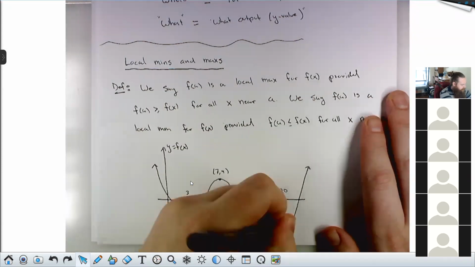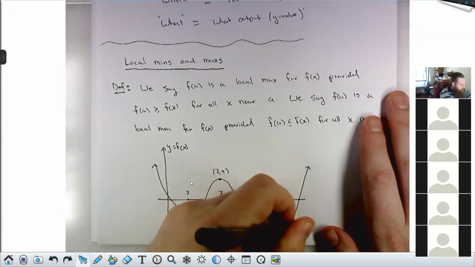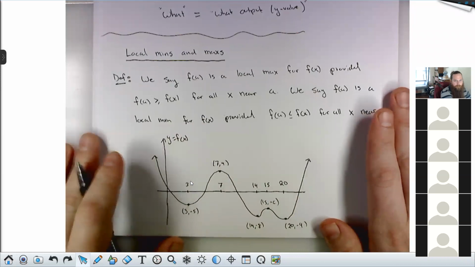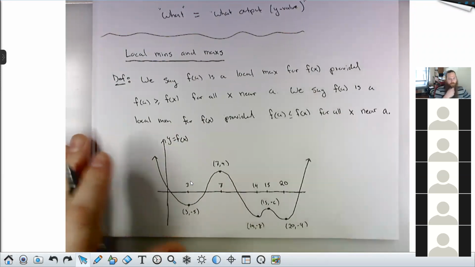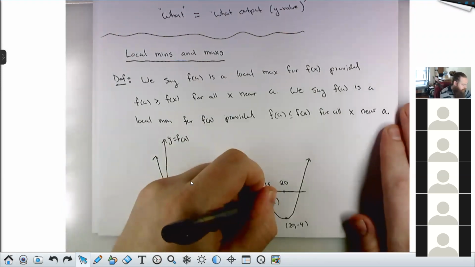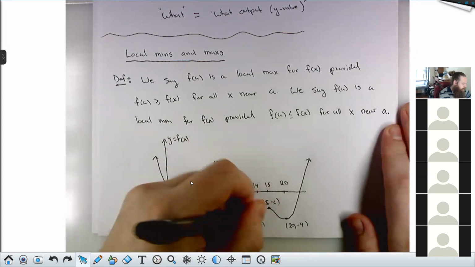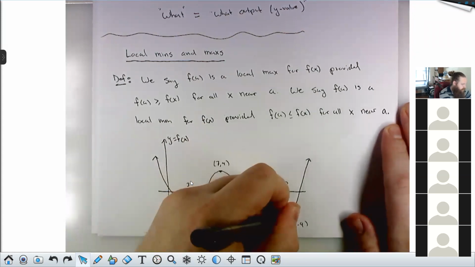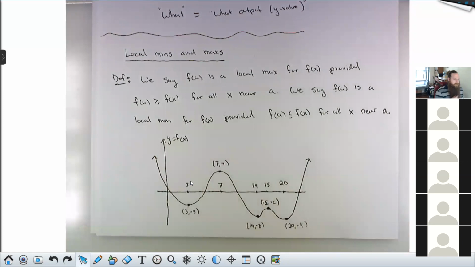And we'll say this is 20 comma -9. Okay. So go ahead, take a second, get this graph into your notes. Make sure you have all the points labeled and you can clearly tell which is what. Then we're going to classify all of these points as mins and maxes. While you do that, I'm going to get more coffee. I'll be right back.